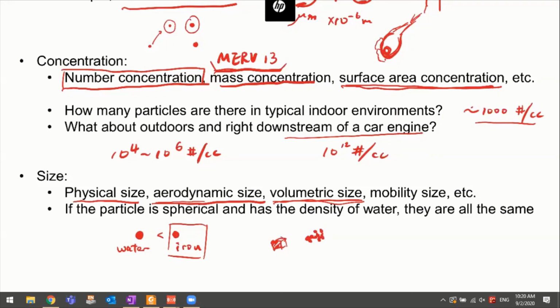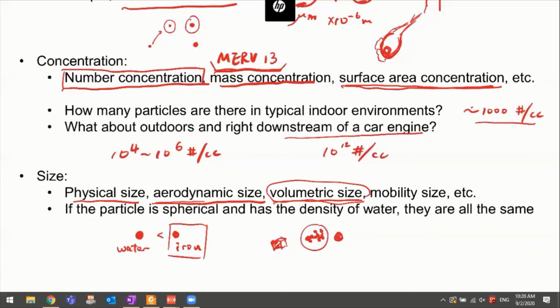So under this situation, we're going to define a new diameter, which has the same volume as this particle, right? So we can think of it as compressing it into a sphere. The diameter of this new sphere is going to be the volumetric size of this particle here.